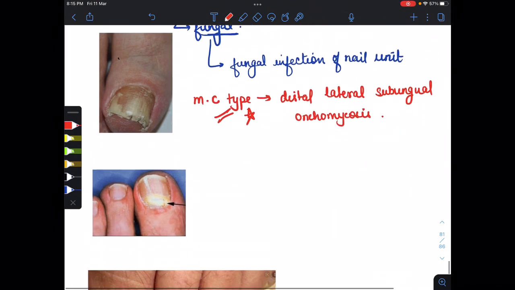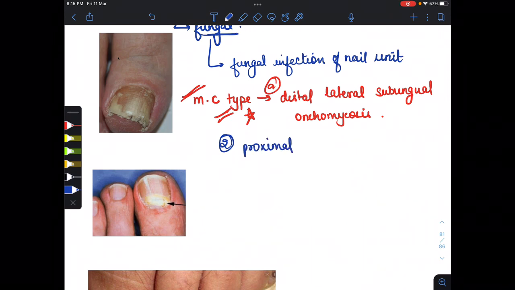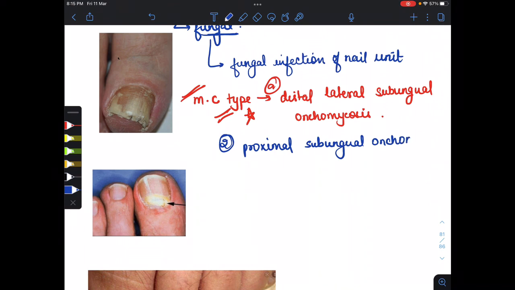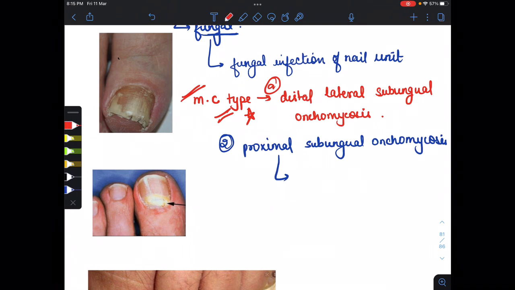The other type, which is not the most common one, is proximal subungual onychomycosis, and it is mostly found in HIV patients.